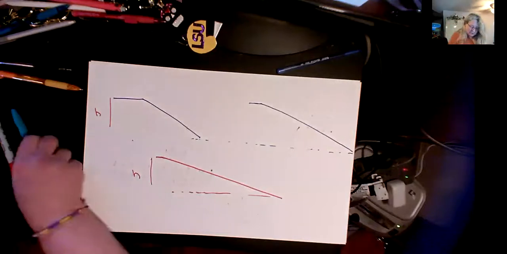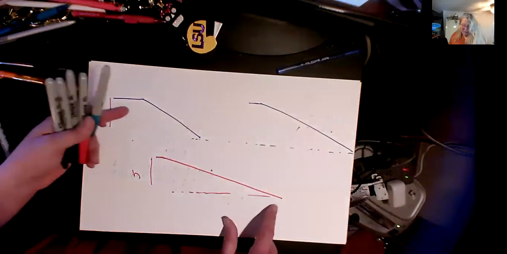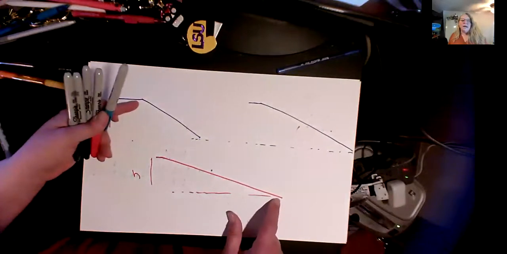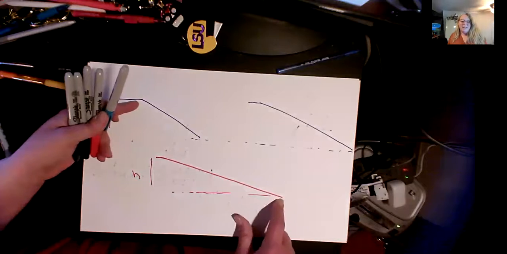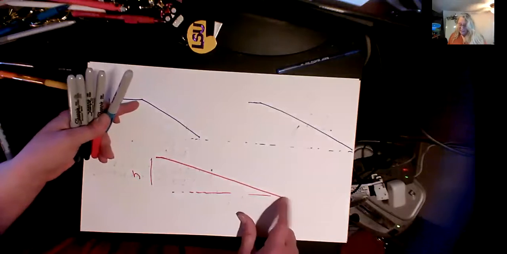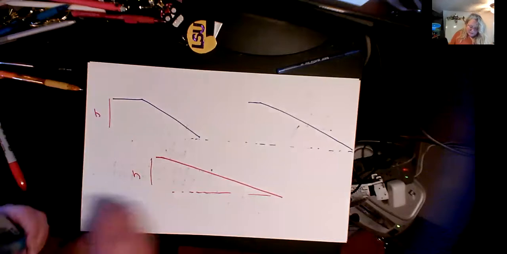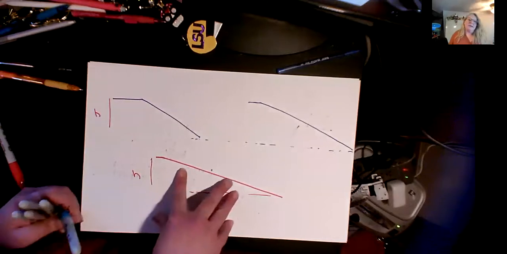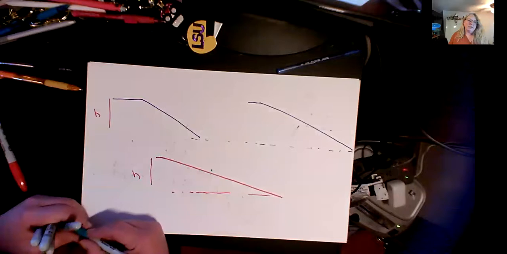So without friction, if these two heights are the same, it doesn't matter how long the slide is. I'm going to get down at the exact same speed. My velocity at the bottom is the exact same. How would that change if there was friction on the slide? So both of these have friction. How would that change?